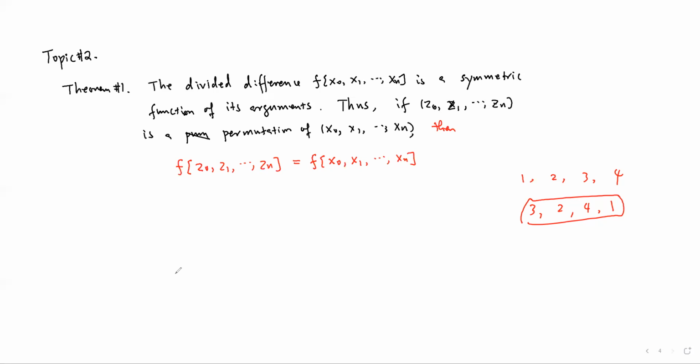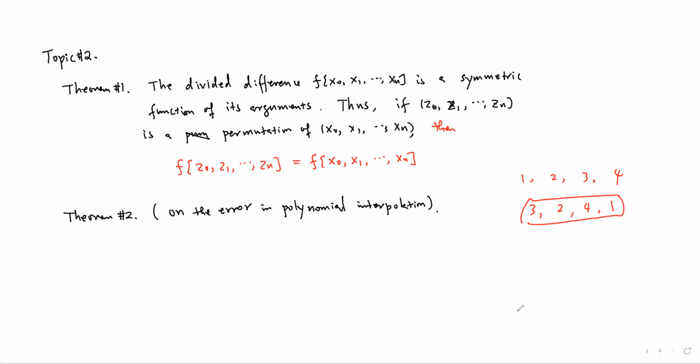Now, the second property, theorem number 2. This property is about the error in polynomial interpolation.